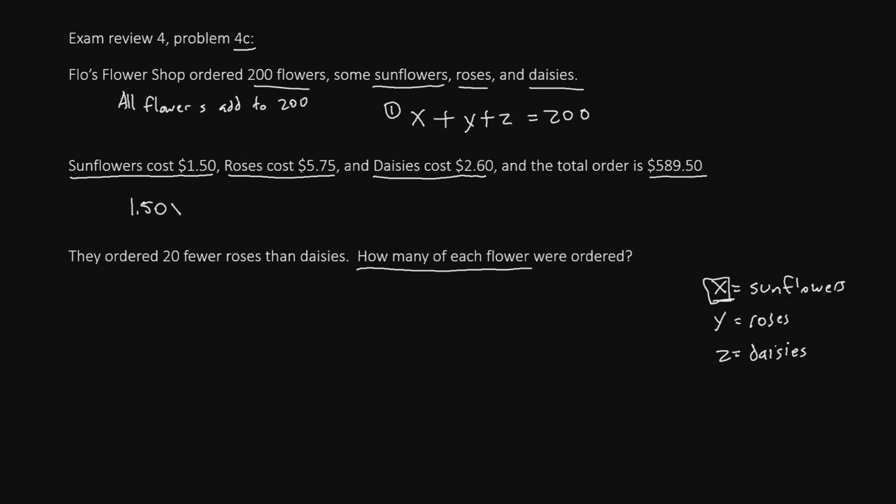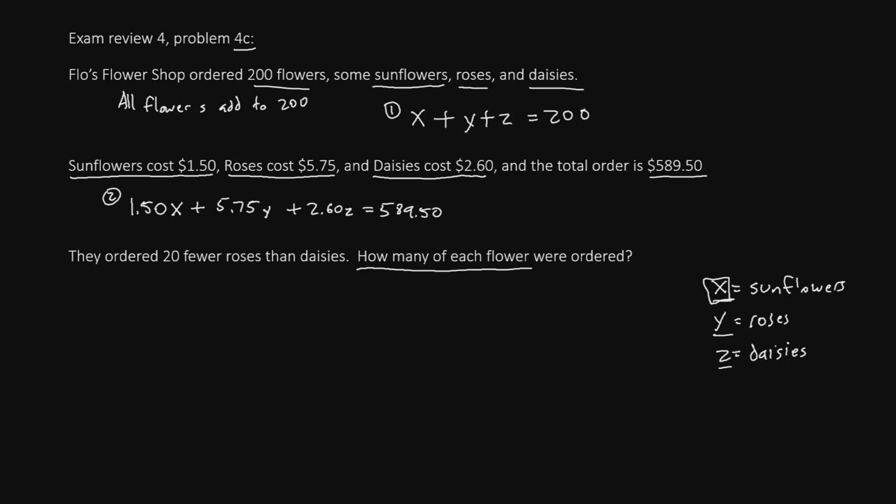That was X. Add that to the cost of the roses, which is $5.75, times the number of roses we have, Y, and then for daisies, $2.60, times Z, which was the number of daisies we have. Altogether, that gives us the amount of money for the order, $589.50. We'll call this equation 2.